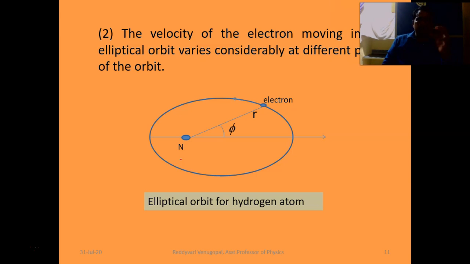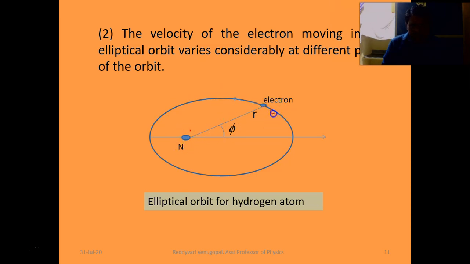Here we have to mention where the electron is in that particular atom and where the nucleus is. If we take one orbit, in that orbit the nucleus will be at one of the foci, at one of the focal points. The second modification: the velocity of an electron moving in an elliptical orbit varies considerably at different parts of the orbit. Just observe this diagram. Here our nucleus is there.